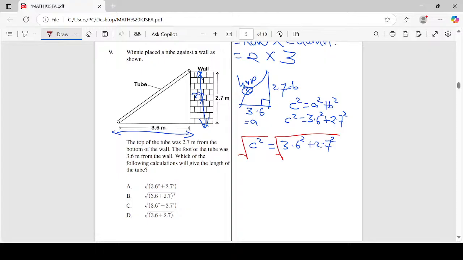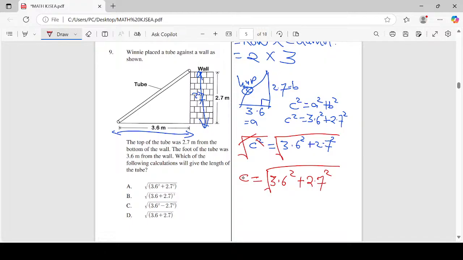On this side, the square root cancels with the square, so I remain with C given as the root of 3.6 squared plus 2.7 squared.